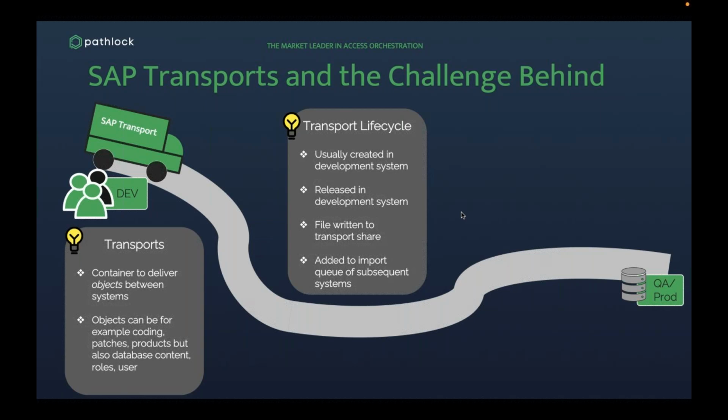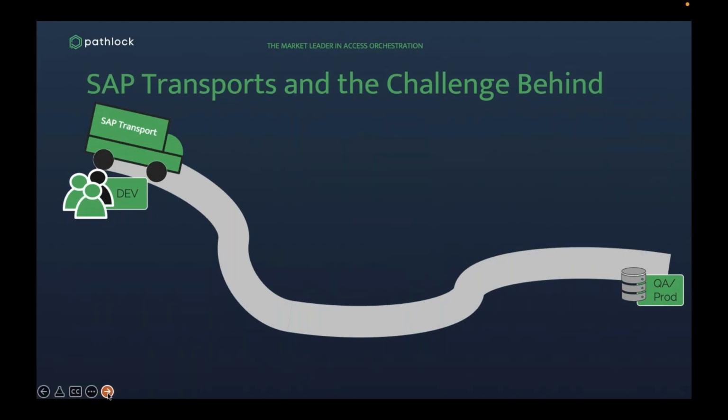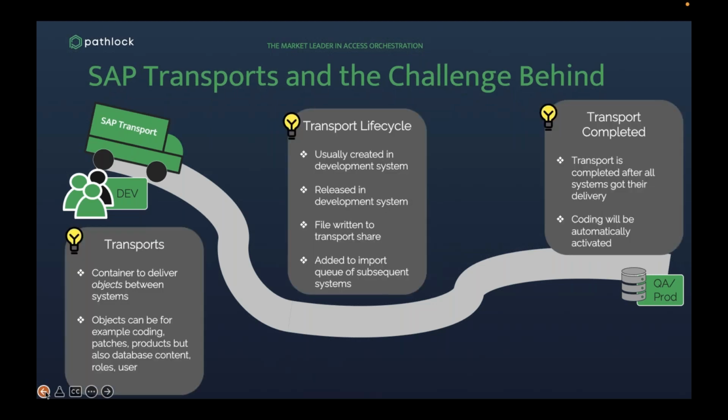The transport is completed as soon as all the systems got their delivery, and the coding is then automatically activated after importing for each system, but also if you transport a role, the content is there.